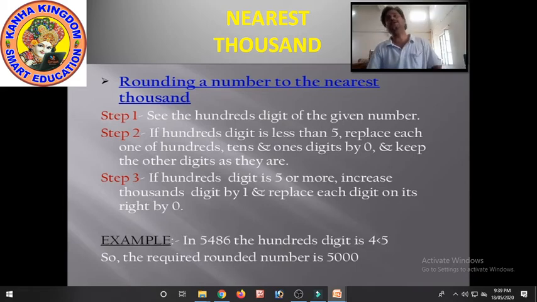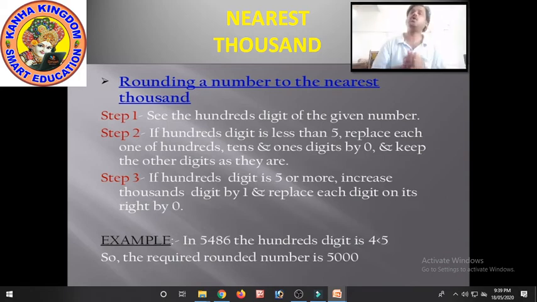In nearest 1000, you have to observe again 2 digits. Which ones? First is the hundreds place and another one is the thousands place. Understand? As you watch only the ones and tens digit in nearest 10, tens and hundreds digit in nearest 100, same in nearest 1000 you have to watch only the hundreds and thousands place.